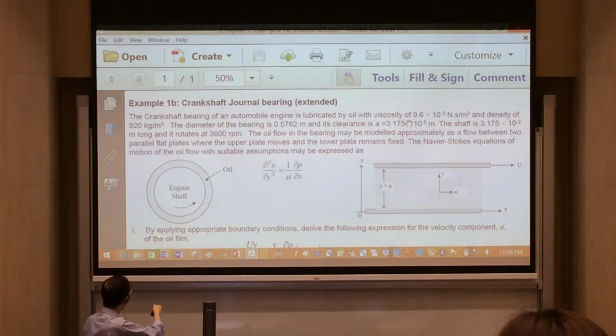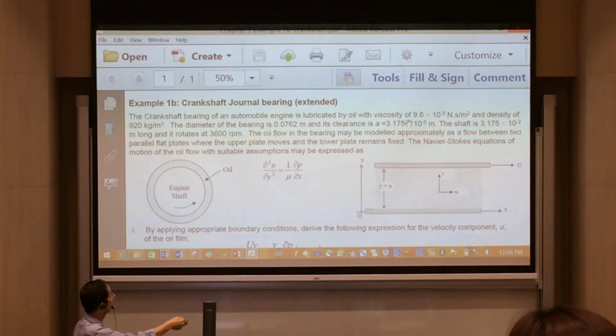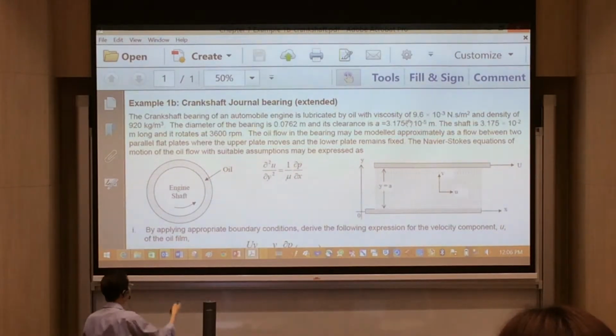First, by applying appropriate boundary conditions, derive the following expression for the velocity component u of the oil flow.